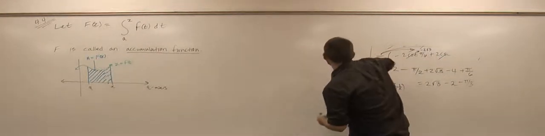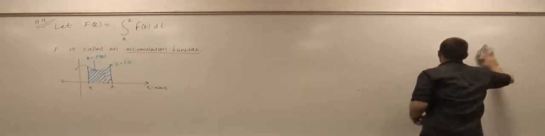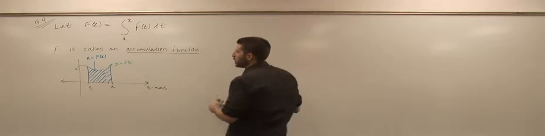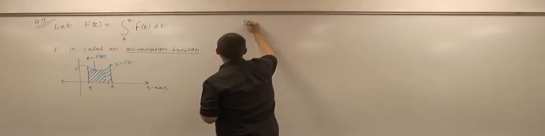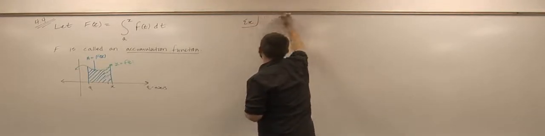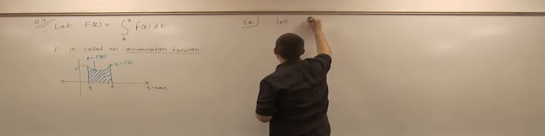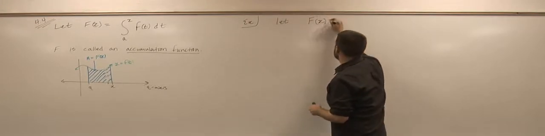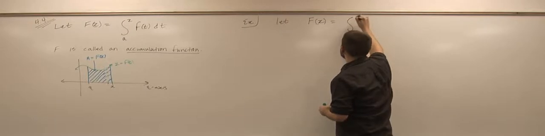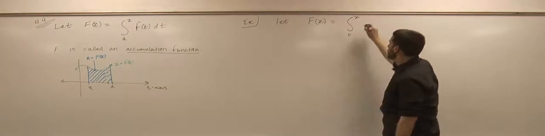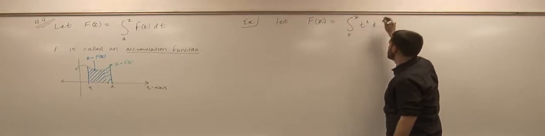Let me give you a more concrete example so you can get an idea of what this does. Example: let capital F of x equal the integral from 0 to x of t squared dt.